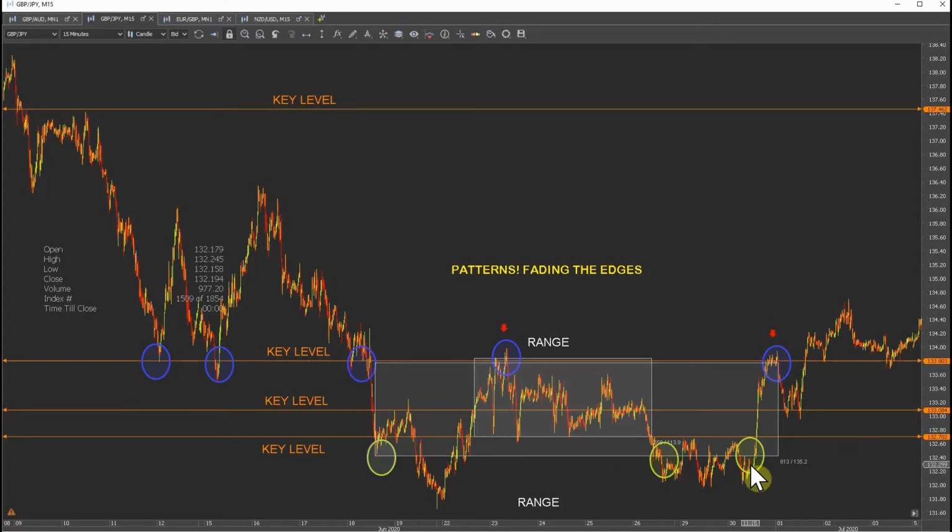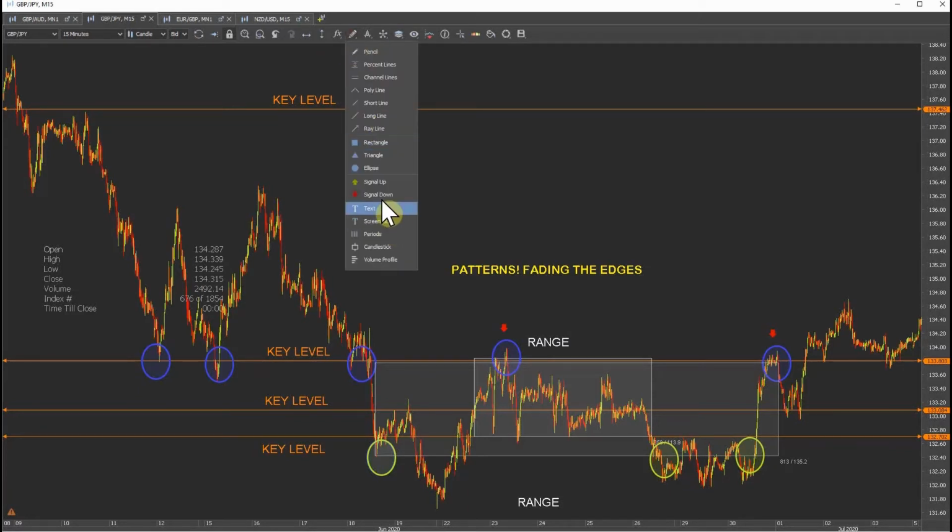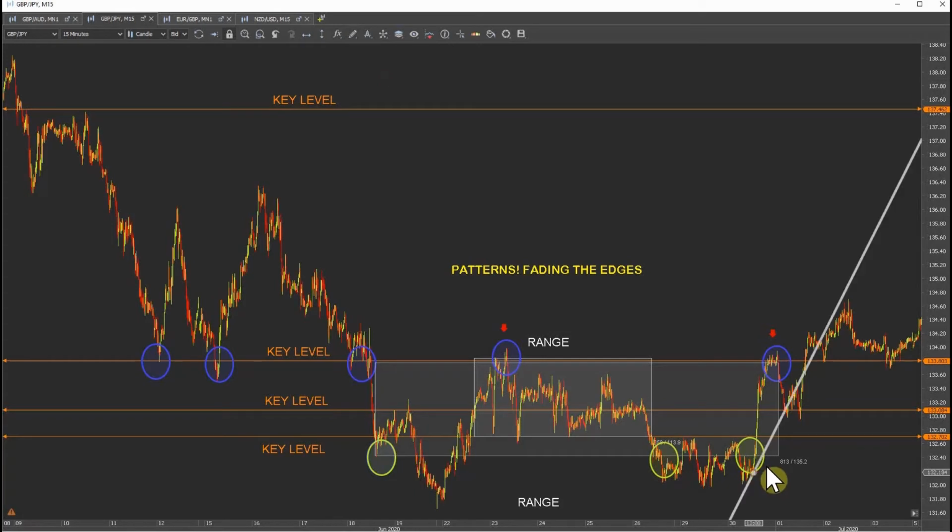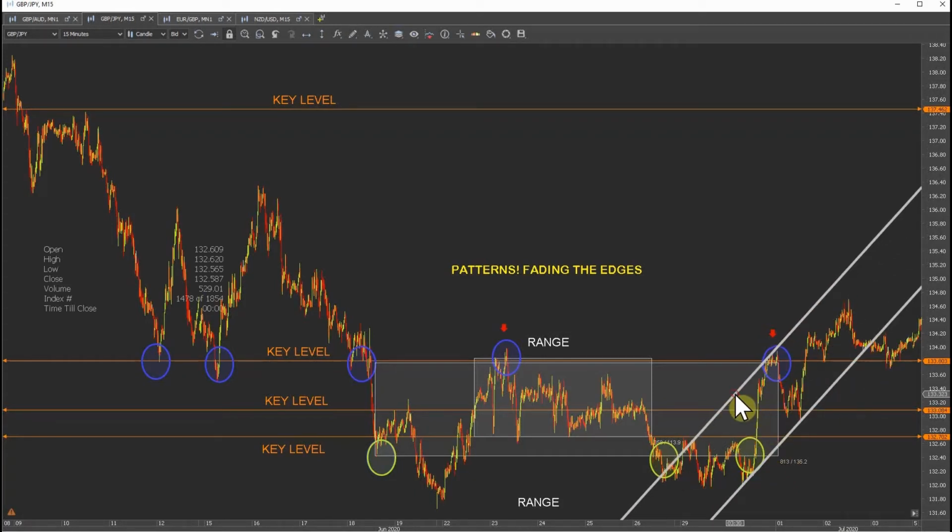So in this example, I would have been a buyer, and then the next thing I would have done, if I'm bullish on this pair, which I am, I would have said, I've also got 2 points to form a channel. There's my 2 points. I'm already seeing a trend developing, right?